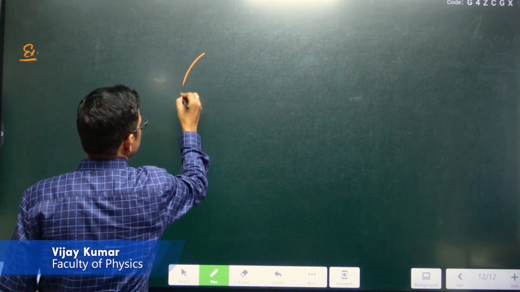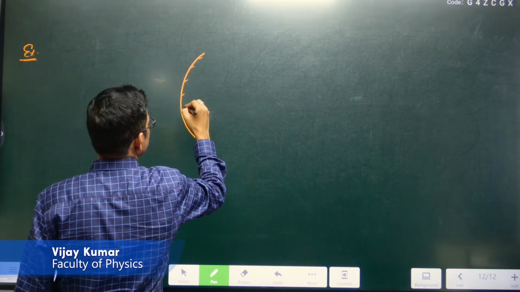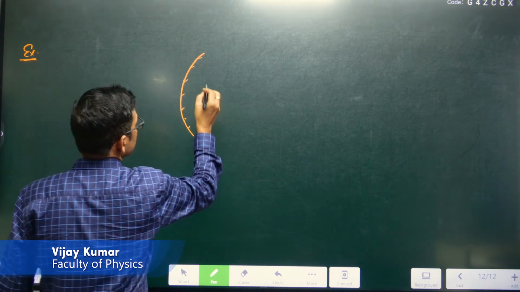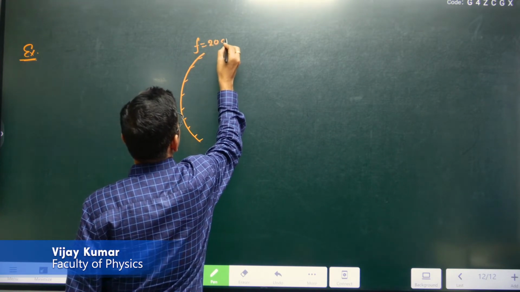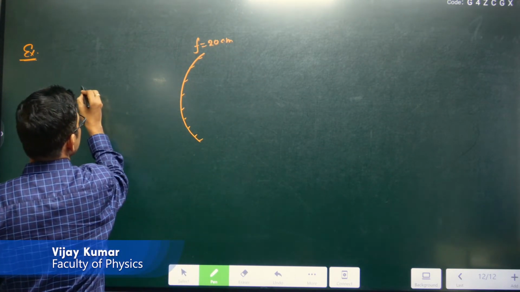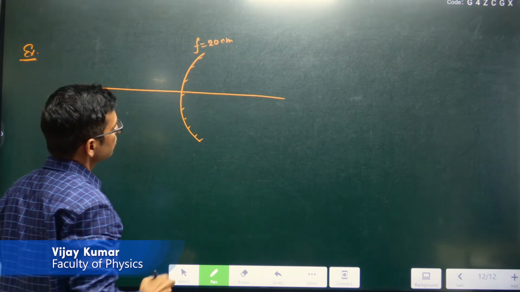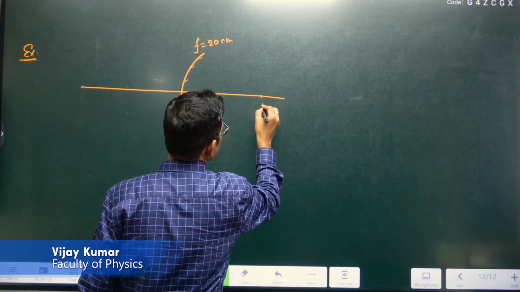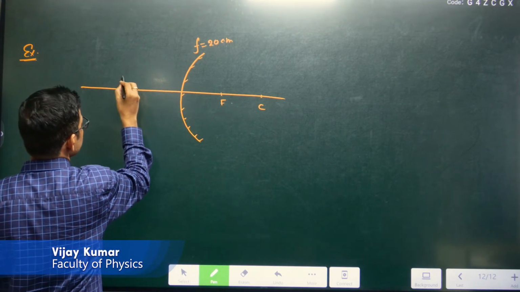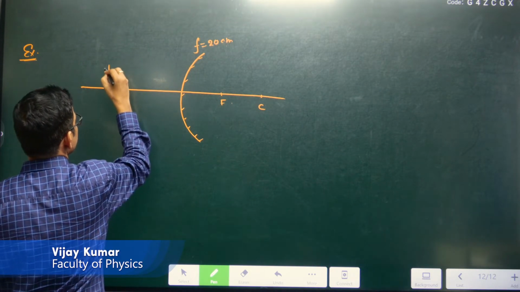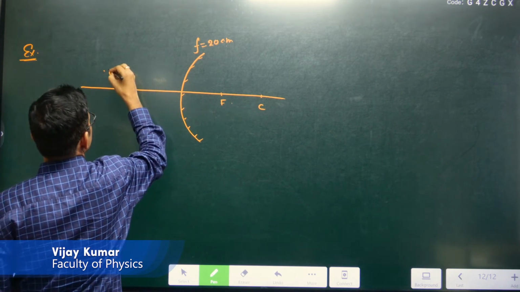We will take one more problem based upon the convex mirror. Suppose this is your convex mirror. Suppose the focal length is given as 20 centimeter. Suppose this is your C and this is your F. Now the object is placed, we are taking size as 4 centimeter.